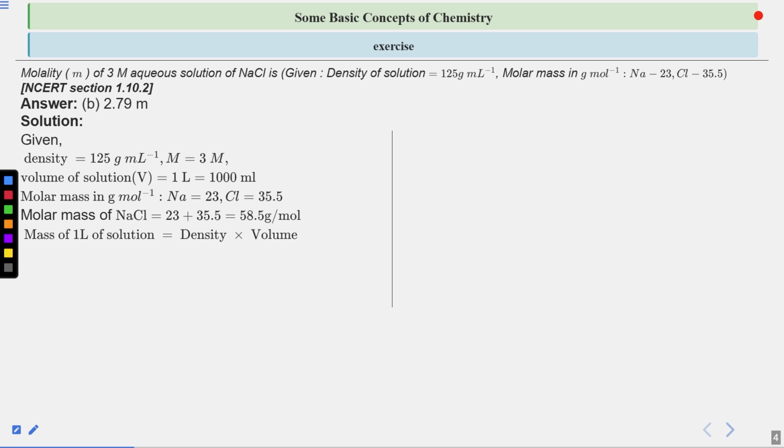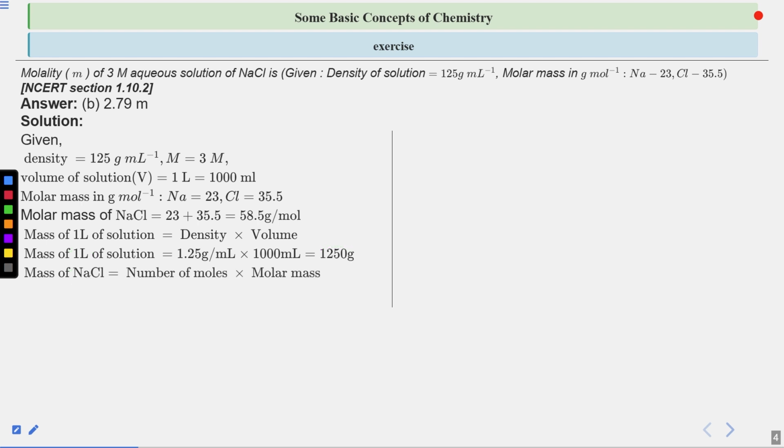What will be the mass of 1 liter of the solution? If we know the density and the volume, we can simply calculate the mass of the solution, which will be density multiplied by volume. The mass is 1250 grams, so 1 liter of solution has a mass of 1250 grams.